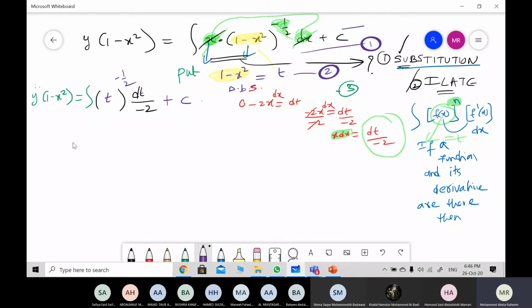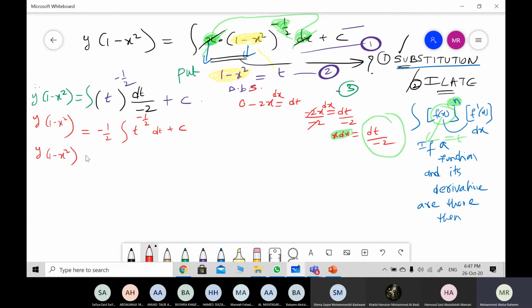Understand? Oh, this minus 2 being a constant, kick it out: integral of t over minus half dt plus c.